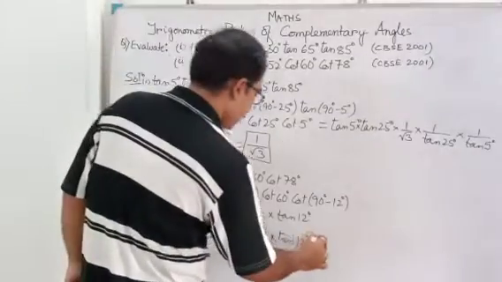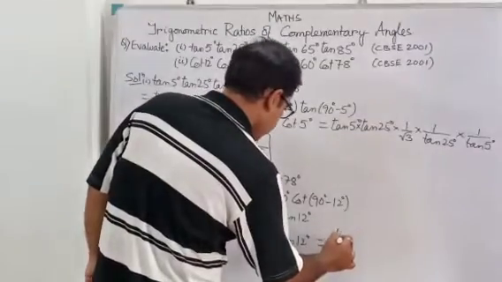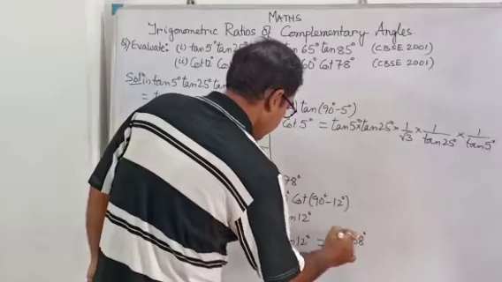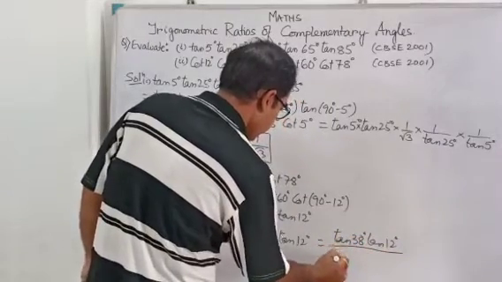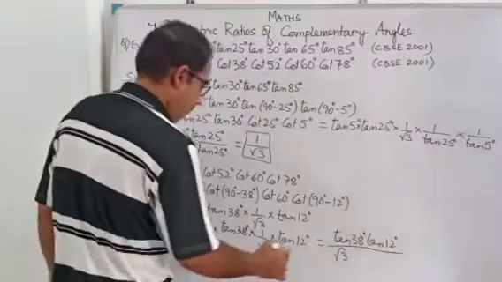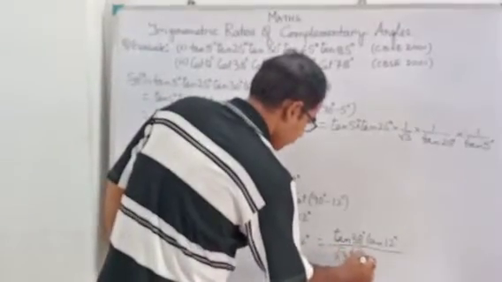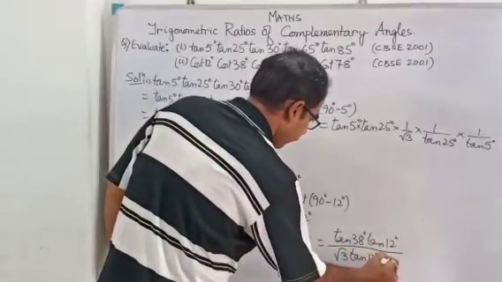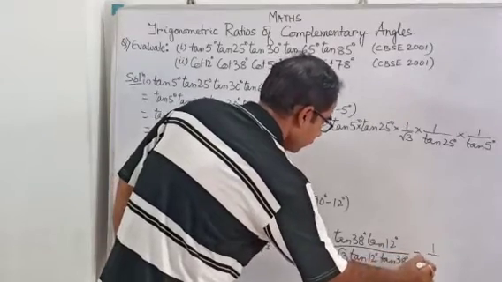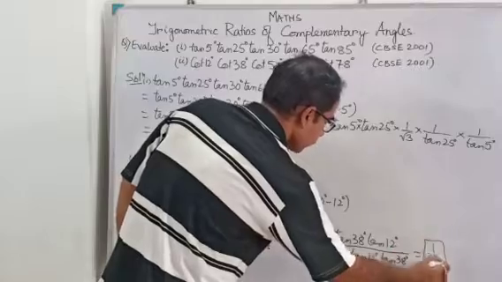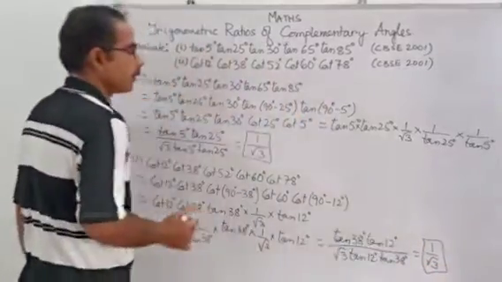Correct? So ultimately you are getting what? Tan 38 degree, tan 12 degree whole divided by root 3 tan 12 degree and tan 38 degree. That means 1 by root 3.